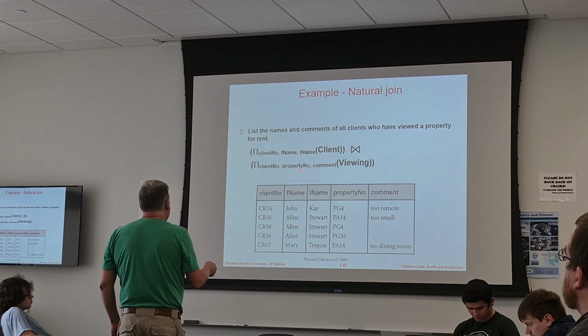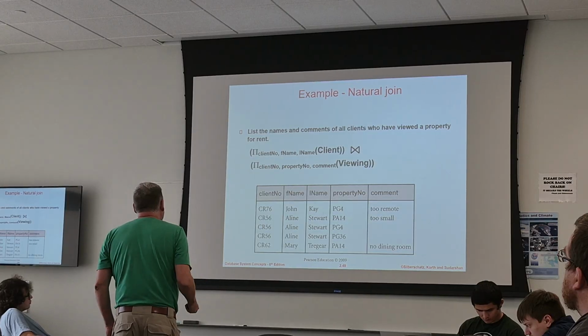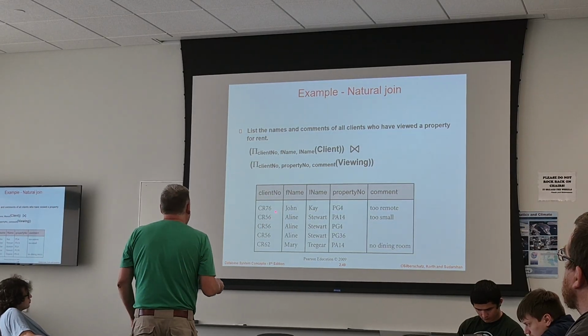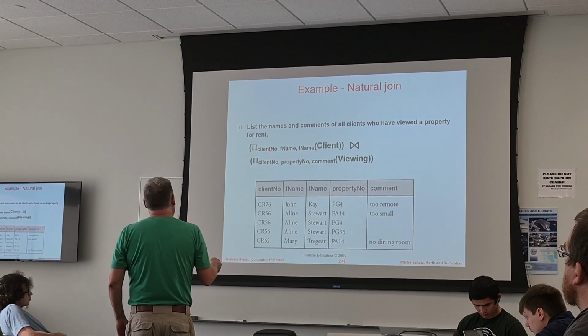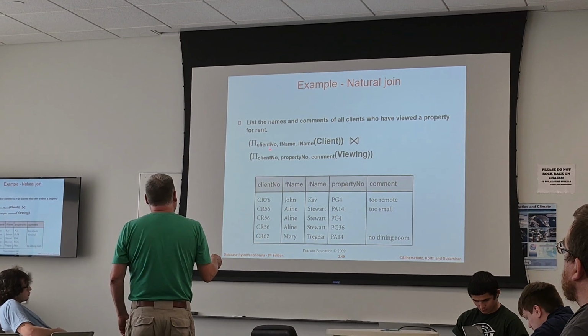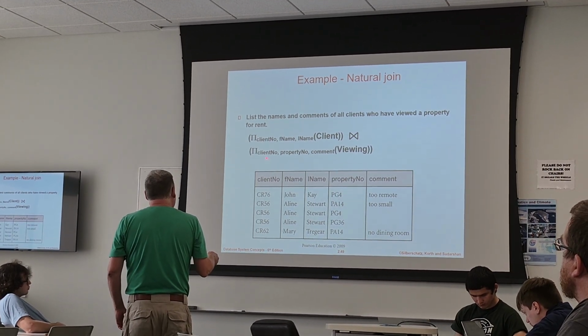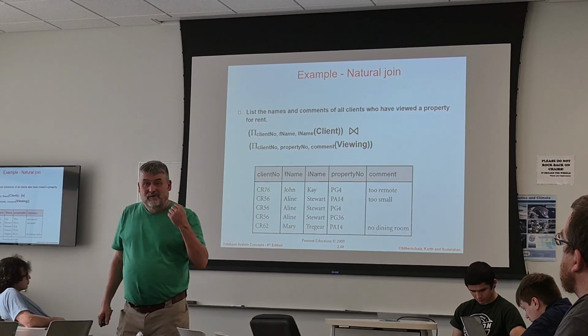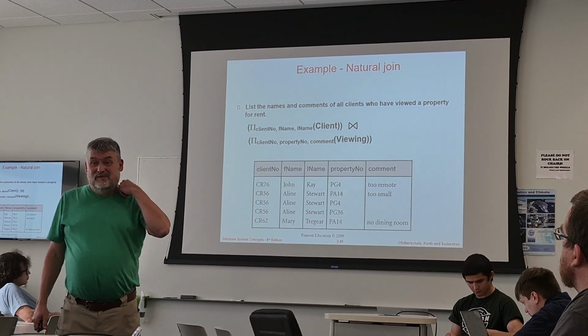The intersection of these 2 schemas is client number, and so basically the client number in the client table has to be the same as the client number in the viewing table. That's exactly the type of application you guys did for homework 2, right?